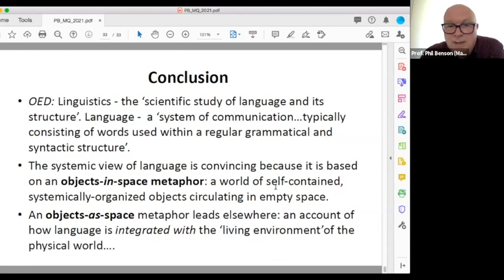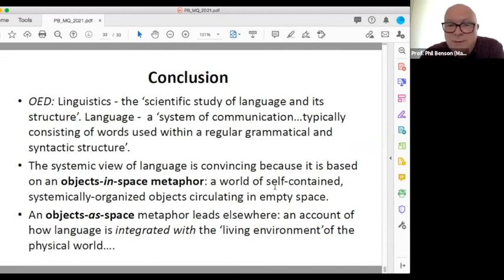And basically, in a few words, my argument is that the systemic, structural view of language is convincing because it's based on an objects-in-space metaphor, the metaphor of a world of self-contained, systemically organized objects that circulate in empty space.